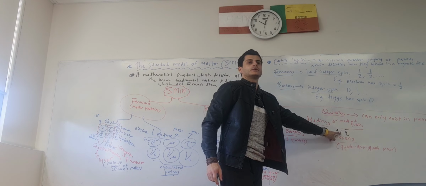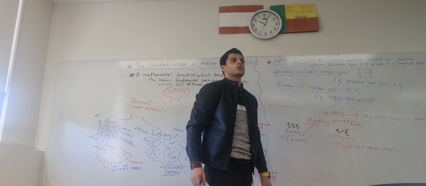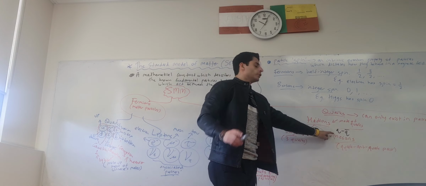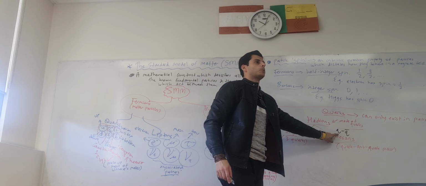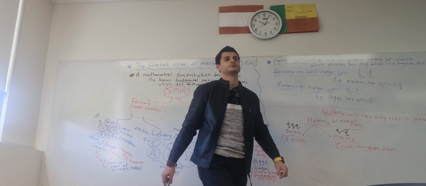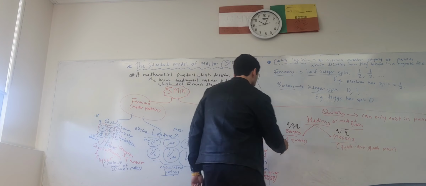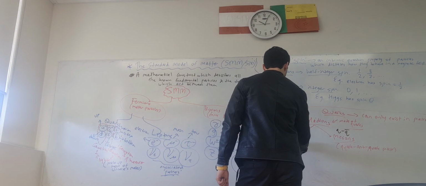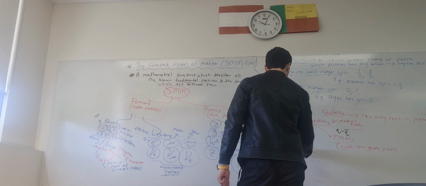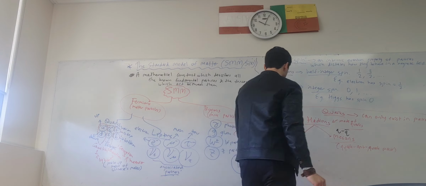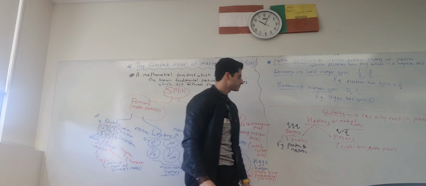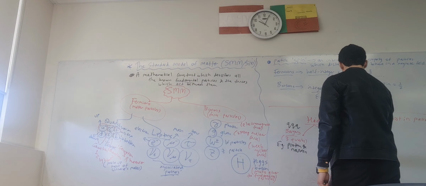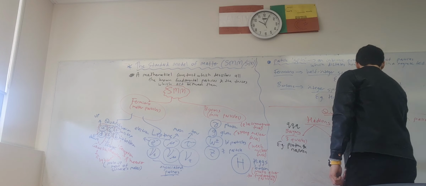Sorry, let's say an up quark and an anti-down quark, for example. My bad. So for example, you've got the proton and neutron, the two important ones for the HSC. Mesons, you've got the pi meson, pi plus meson, and the kaon as well.